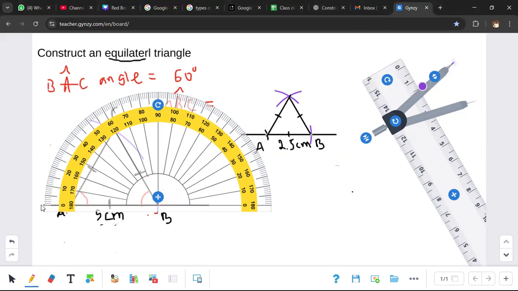So you have to calculate the magnitude of the angle this way, right? 0, 10, 20, 30, 40, 50, 60, right? So your BC line is going through the 60-degree mark, right? BC side is going exactly on the 60-degree mark, right? So somewhere around here, right?